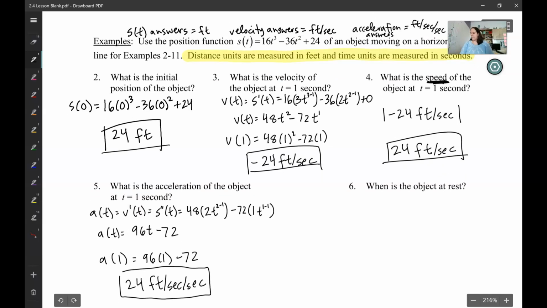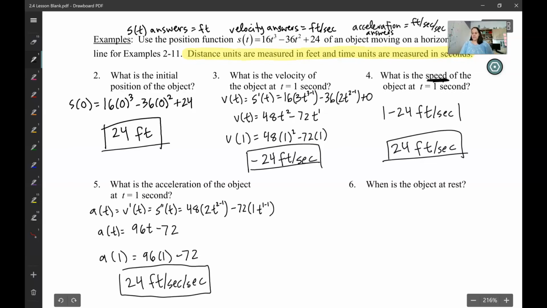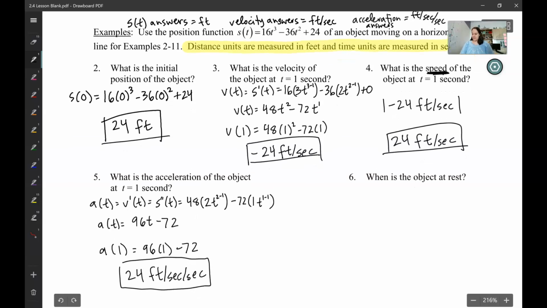Okay, number 6. When is the object at rest? If it's asking for an object at rest, that is saying when velocity equals 0. So we're going to take our v of t equation, 48t squared minus 72t, and set it equal to 0, and now we need to solve.